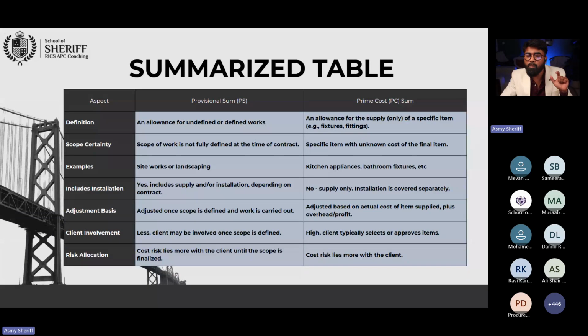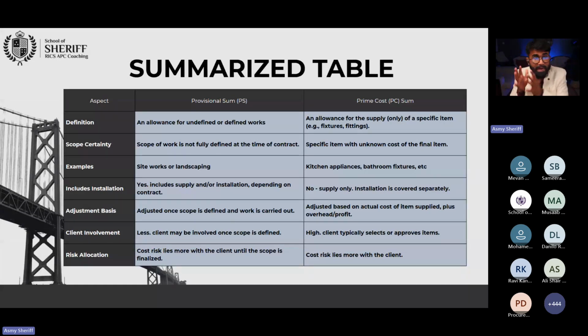When it comes to provisional sum, the scope of work is not fully defined at the time of contract. And when it comes to prime cost, it's one specific or 5 specific or 100 specific items which the client hasn't decided yet.